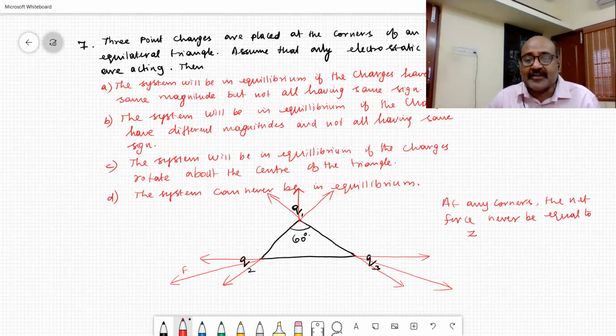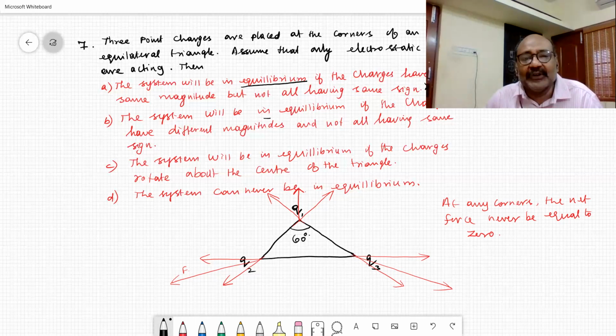If the net force can never be 0, the system cannot be in equilibrium. When you consider the options, the first option says the system will be in equilibrium. The system can never be in equilibrium, so the first option is wrong.